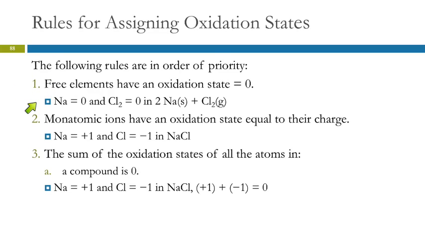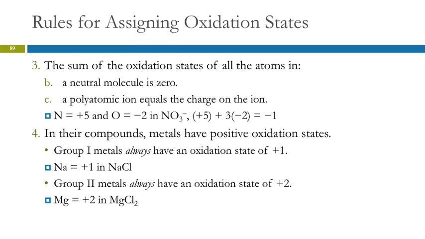Here are the rules. Free elements have an oxidation state of 0. Monoatomic ions have an oxidation state equal to their charge. The sum of oxidation states in a compound is 0. In a neutral molecule, the sum of the oxidation states is 0.